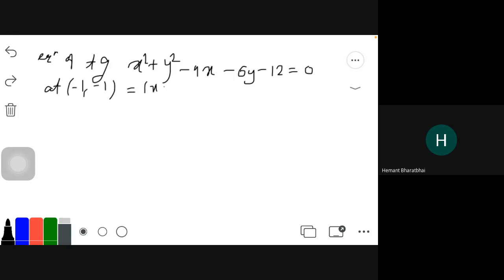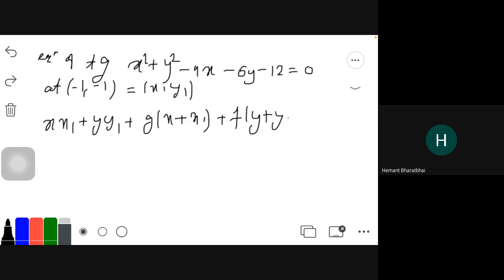So x1 y1 is given as minus 1 minus 1. So how do you write the equation of the tangent? Now itself we had written x x1 plus y y1 plus g into x plus x1 plus f into y plus y1 plus c equals to 0.